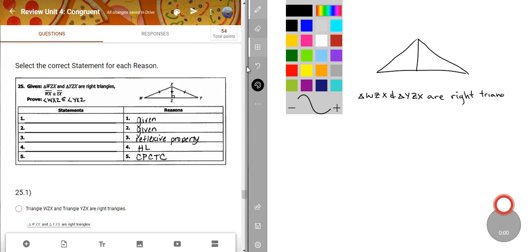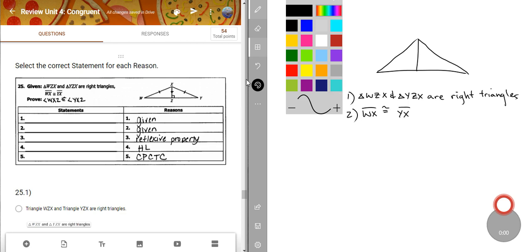There's our first statement. And then there's also a second piece of information there, which you'll see is the second reason as well. So they've done this into a second line, that segment WX is congruent to segment YX.